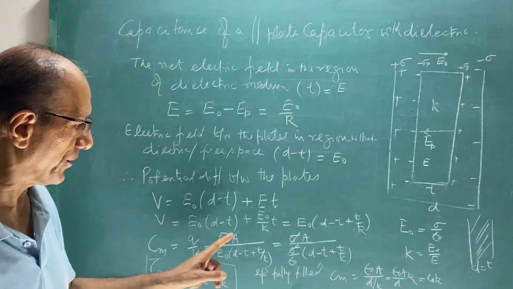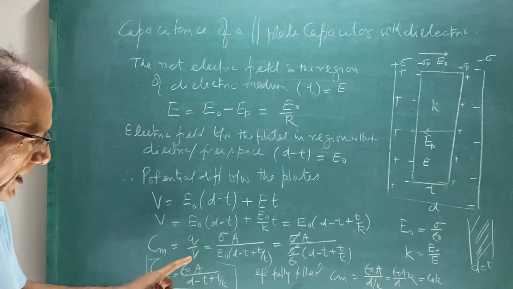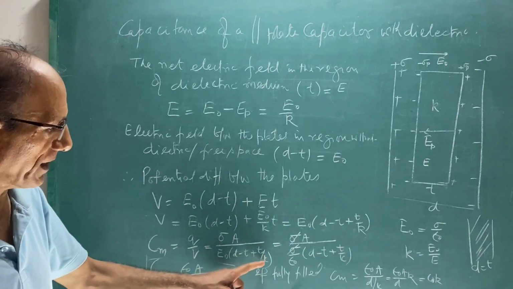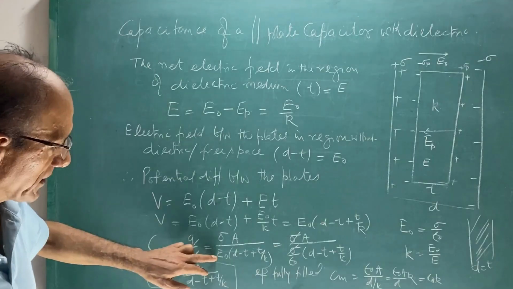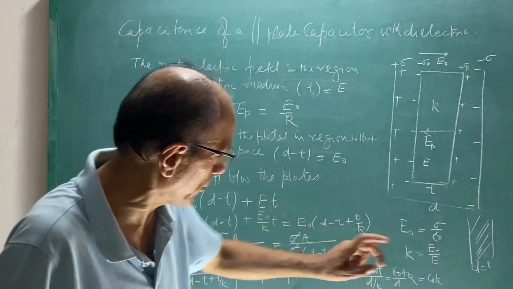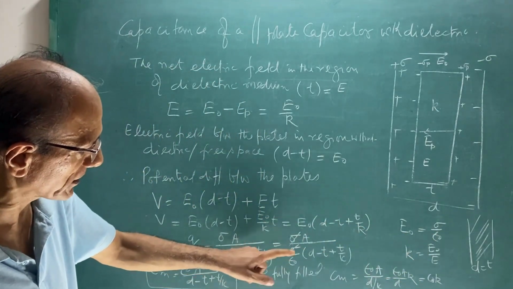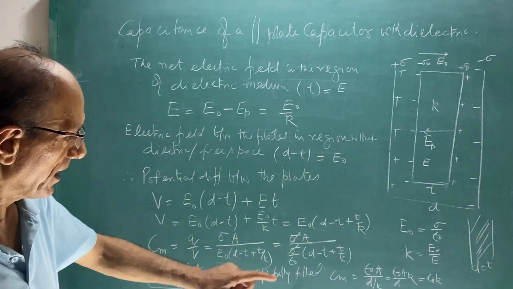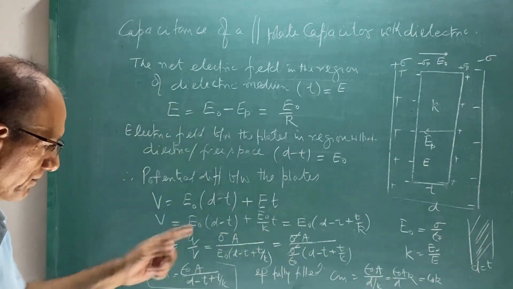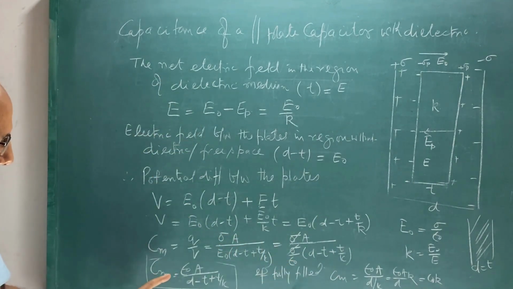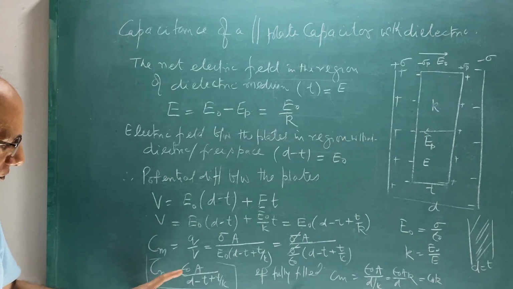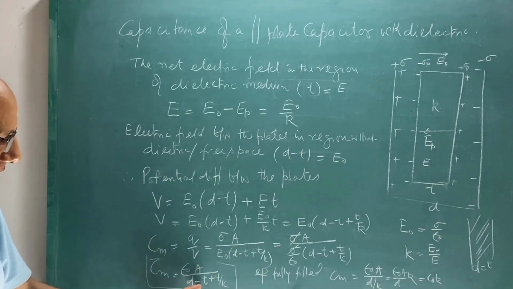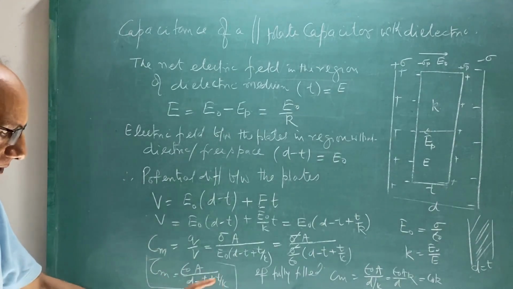So charge per unit area into area is total charge, and V is E naught into D minus T plus T by K. Now replacing this E naught by sigma by epsilon naught, sigma gets cancelled, and we get Cm, that means C medium, equals epsilon A upon D minus T plus T by K.